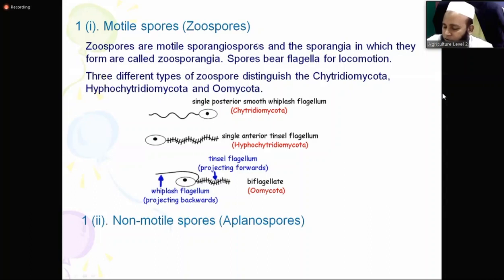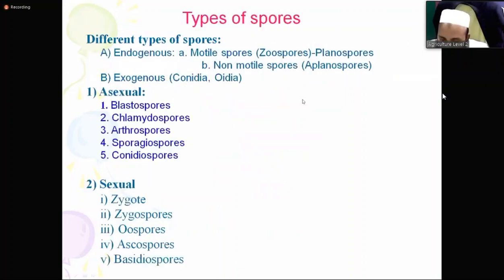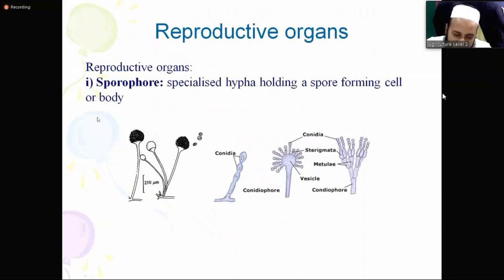Zoospores are motile sporangiospores. That means zoospores are usually motile. Motile means they can move, they can change their place from one place to another. So they are sporangiospores. Do you remember we said sporophore? A sporophore is nothing but the branch which contains spores. Similarly, sporangiospore. So what is a sporangium?